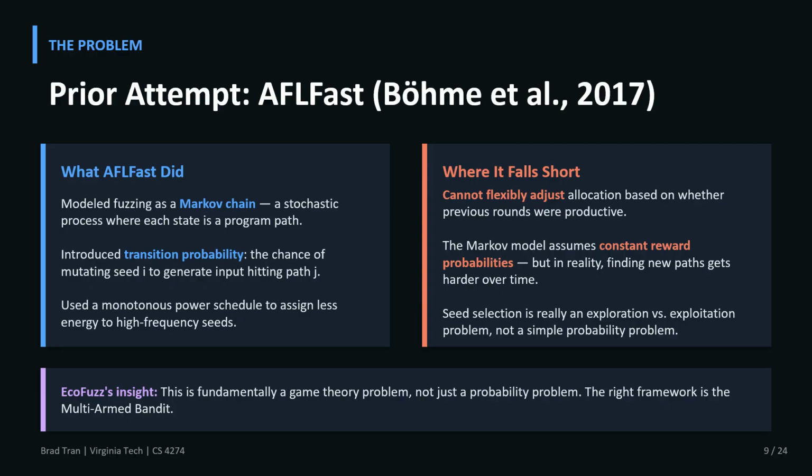And more fundamentally, the EcoFuzz authors argue that this isn't just a probability estimation problem. It's a resource allocation problem with an inherent exploration-exploitation trade-off. That's a game theory problem, and it calls for a game theory framework.